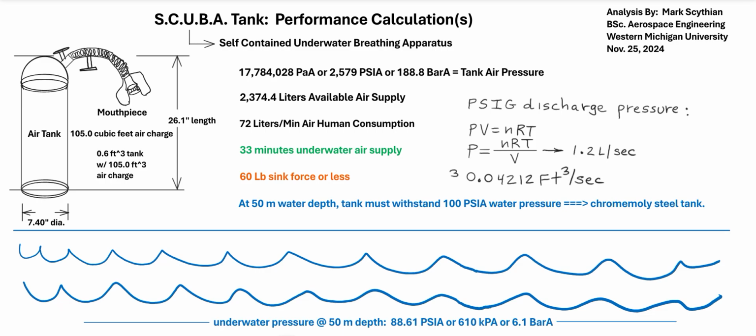And then we have our cubic feet per second airflow. We convert that to cubic meters. So we need 0.012 cubic meters per second of air discharge to the diver from the tank.